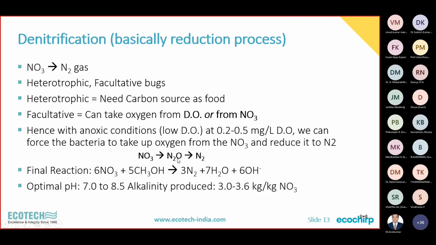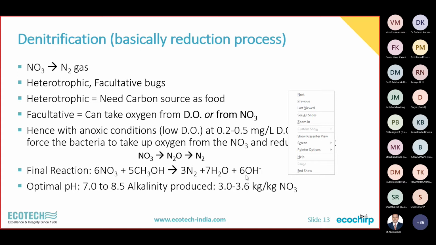NO3 goes to N2O and N2. This is again a two-stage reaction. So the final reaction is nitrate, in the presence of pollutants as food for the bacteria, liberates nitrogen gas and water, and alkalinity is released. Optimal pH is 7 to 8.5. Alkalinity produced is 3 to 3.6 kilogram per kilogram of nitrate removed.